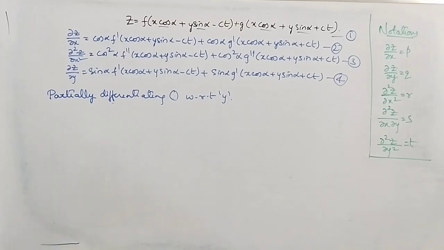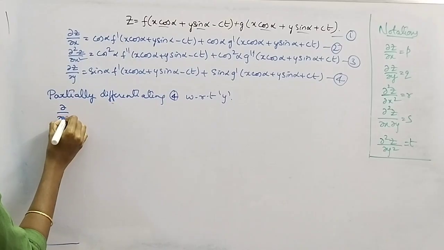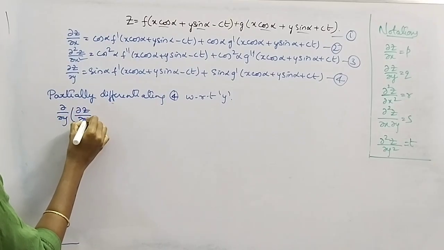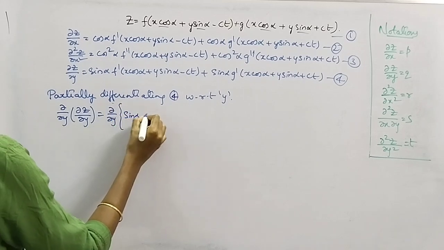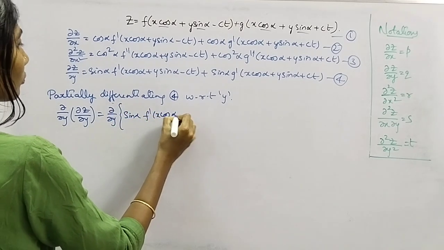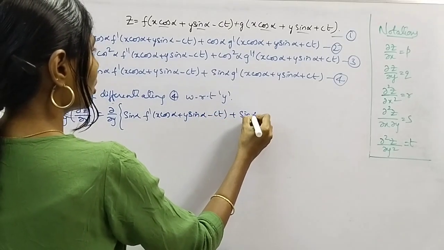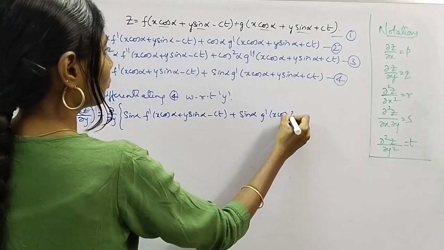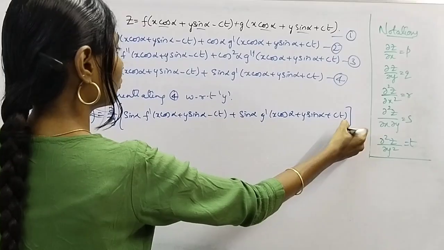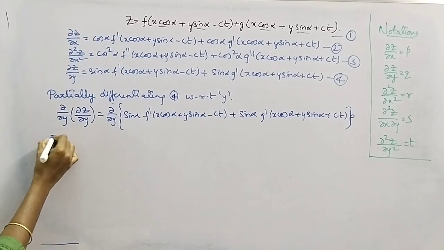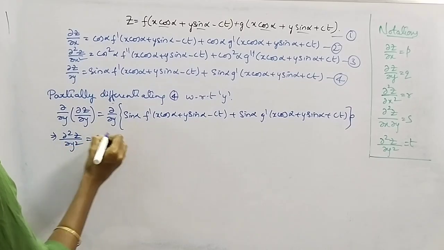Now partially differentiate equation 4 with respect to y: sin alpha f dash plus sin alpha g dash. This gives us dou square z by dou y square equal to constant into partial derivative.